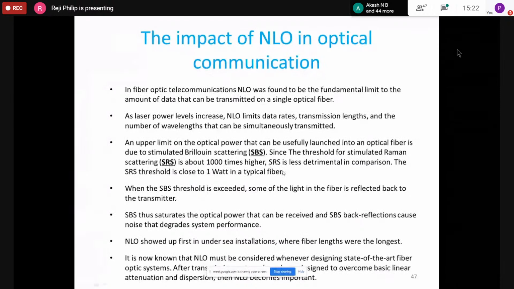So therefore, SRS is much less detrimental to fiber communication compared to SBS. Therefore, nowadays, whenever people design optical fiber lines and links, they always think about the nonlinear optical aspects of this.